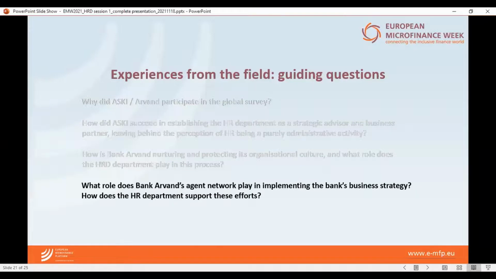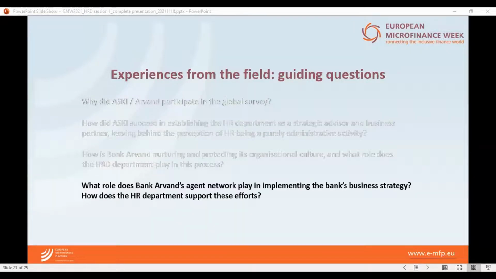Sorry. The agent network for us is a link between the client, the population, we can say, and our bank. They shorten the overlap between the interest of our clients and the interest of the bank, while not forgetting about their own benefits and interests.